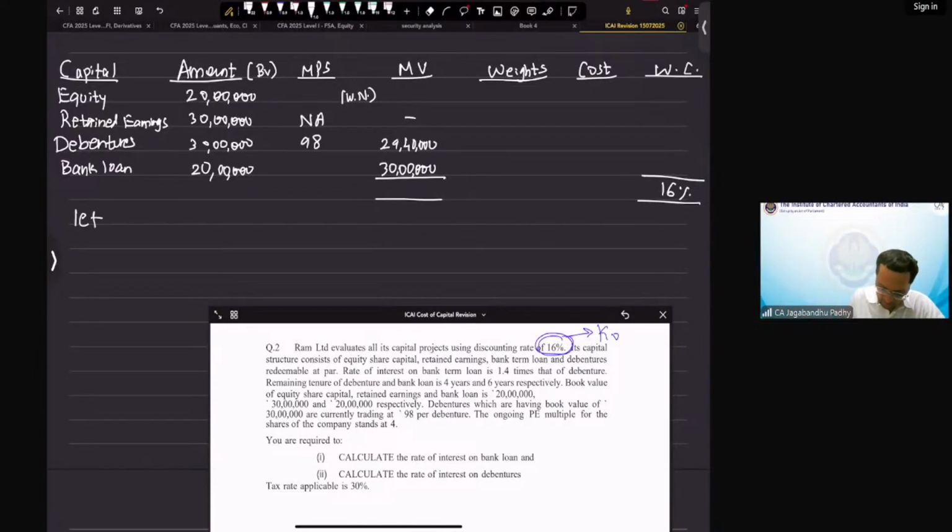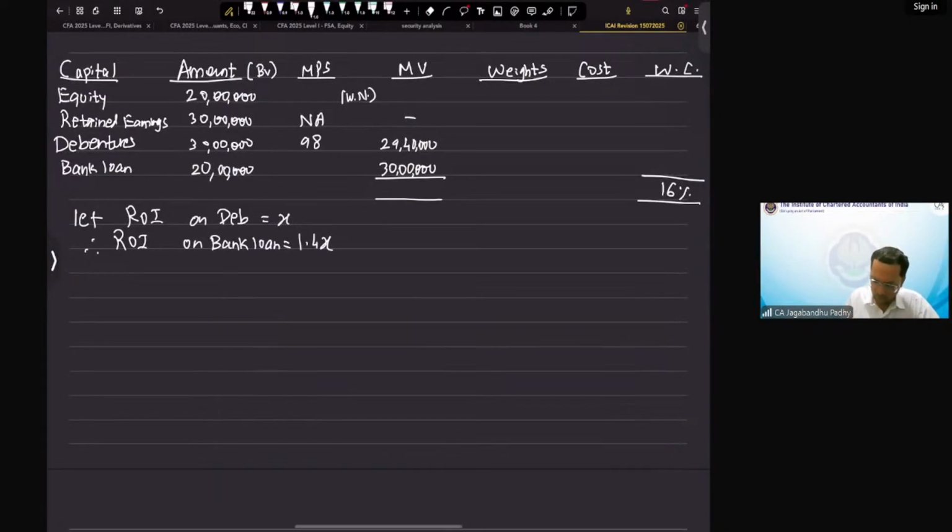We will say let the rate of interest on debenture be X. So therefore, the rate of interest on bank loan is 1.4x. Rate of interest on debentures is X, and bank loan is 1.4x. You can definitely get the cost also, right?